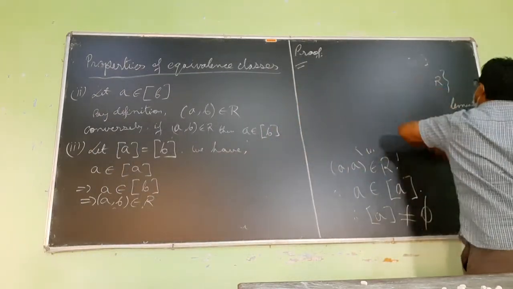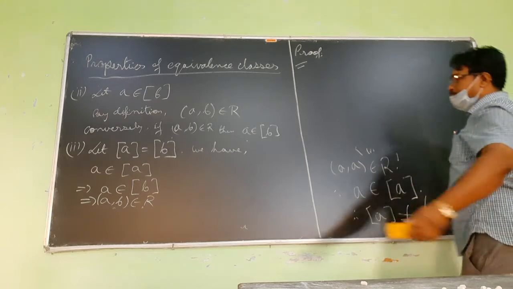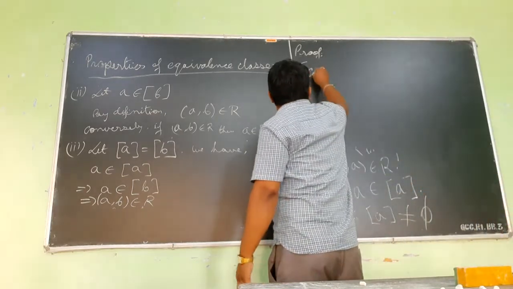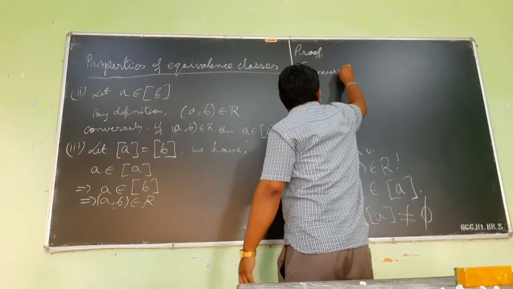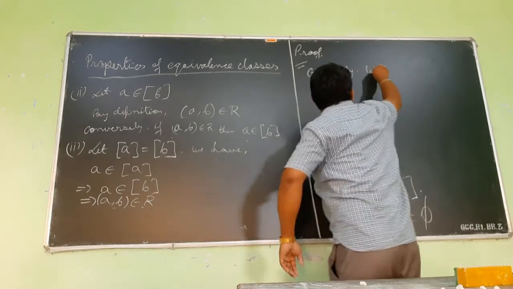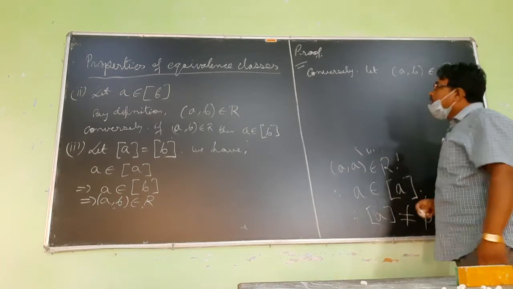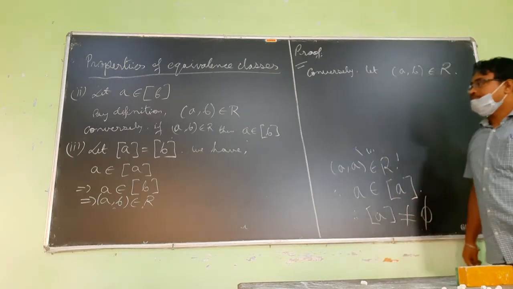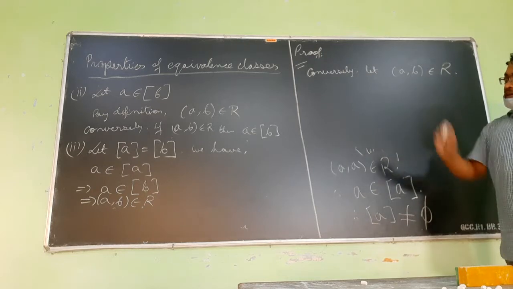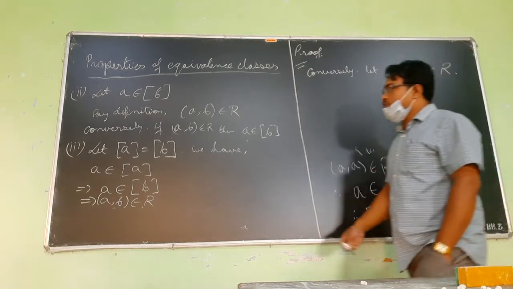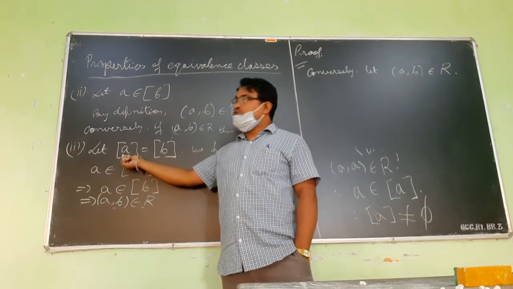So conversely, let (a, b) belong to R. Then I have to show that class a and class b are equal. The equivalence class is actually a set.